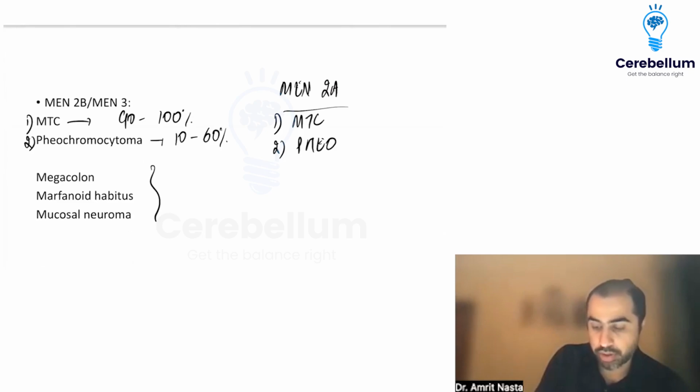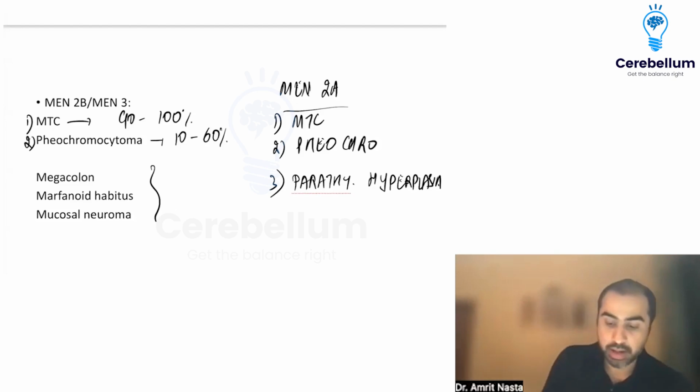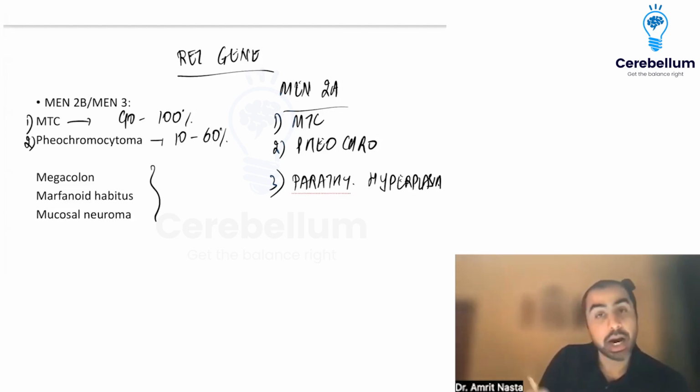What is the third component in MEN 2A? Parathyroid hyperplasia. Both of these are due to RET gene mutation.